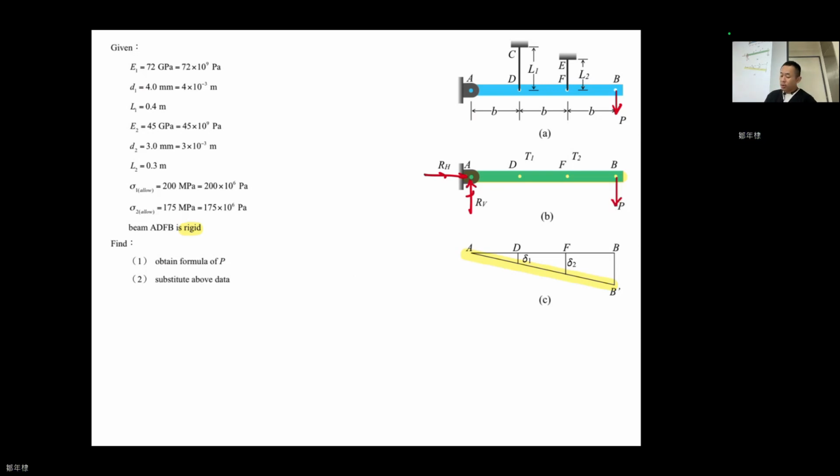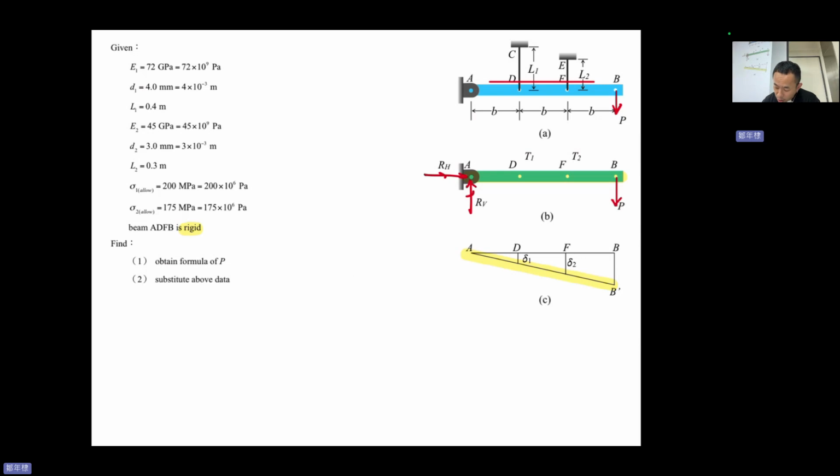However, if we want to determine the force equilibrium for the blue bar, we don't know the forces in CD and EF. So we want to know the force in CD and EF. We cut here, and then we leave the bottom column.